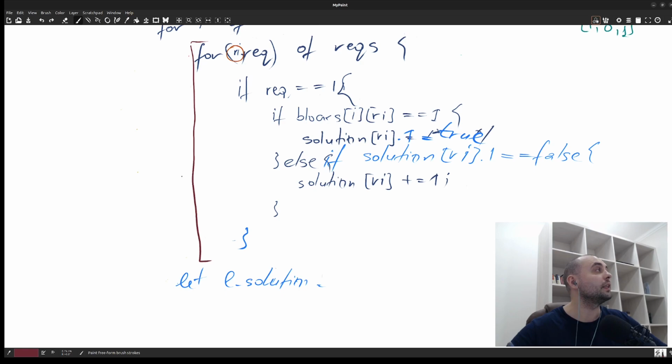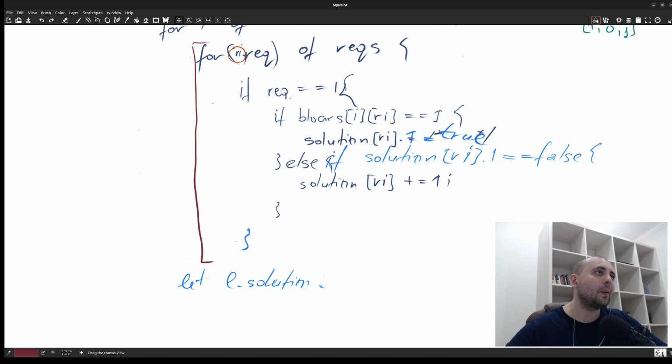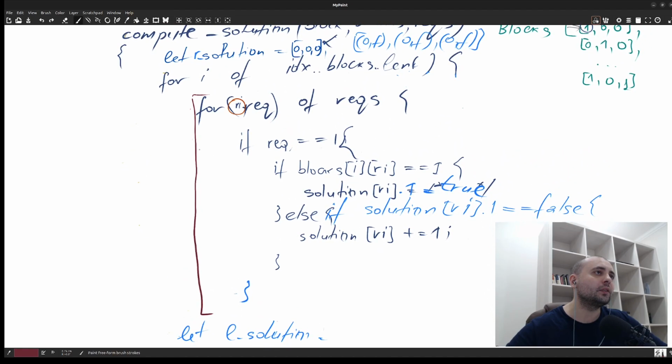Let's think of a name for this one. Compute local solution, maybe. That will be a good name for it. Or, yeah, find local solution. I cannot find a good name for it.